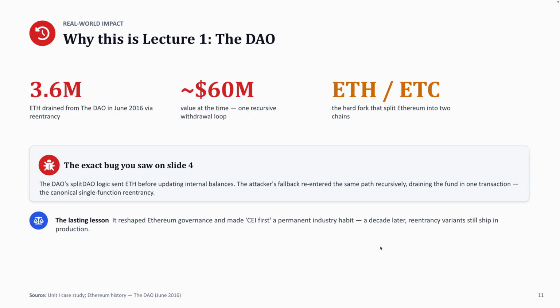That hack led to the split of the Ethereum blockchain into two independent networks, Ethereum and Ethereum Classic. What is the lasting lesson? It reshaped Ethereum governance and made CEI first a permanent industry habit. A decade later, reentrancy variants still ship in production.